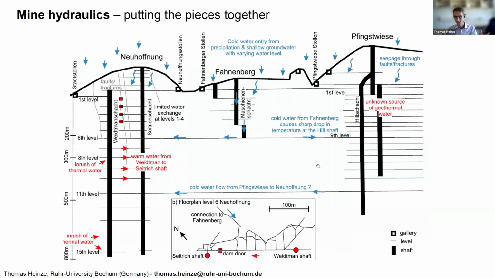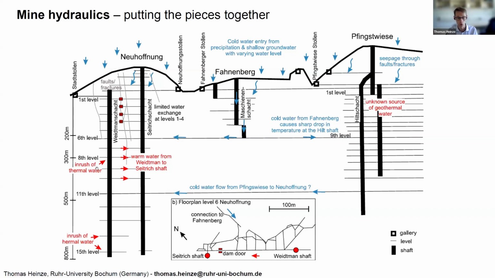And with all that, and this is the same image I showed before but now with some interpretation, we try to work out how we can use this to determine water inflow and simply the hydraulics in the mine. So obviously we have recharge from the beginning. That's what you see in all the galleries that are still open for you to walk in.